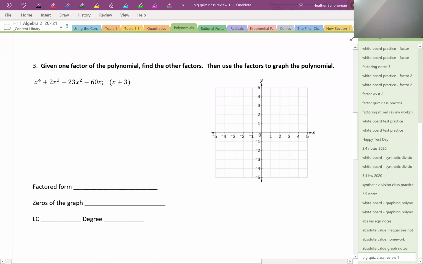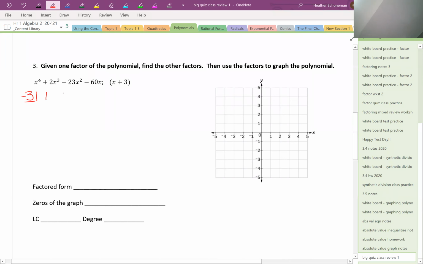All right. We can also use synthetic division to help put a polynomial in factored form. And then in factored form, we can find the zeros and then we're able to graph it. So we're going to use synthetic division to break this down a little further. I'm going to put my -3 in here because when it's in a binomial, you do the opposite.